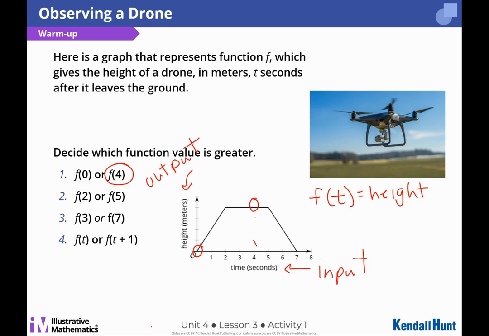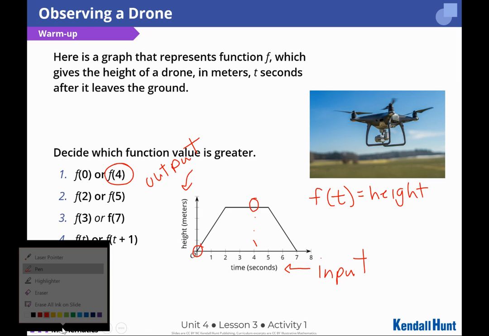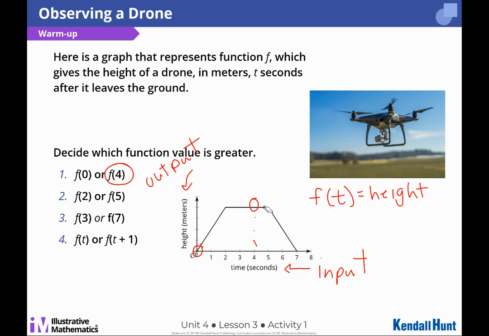Okay, on the next one, which is greater, f of 2 or f of 5. When I look at the graph again, f of 2 is going to be up here, and f of 5 is also up here. So I would say that they're the same. They are at the same height.